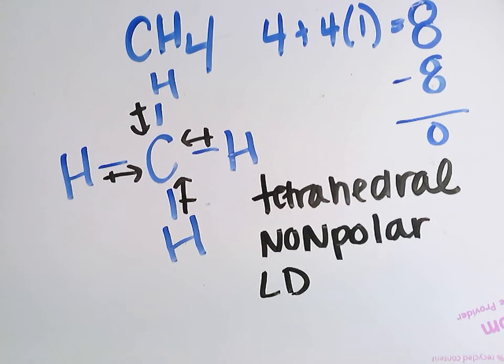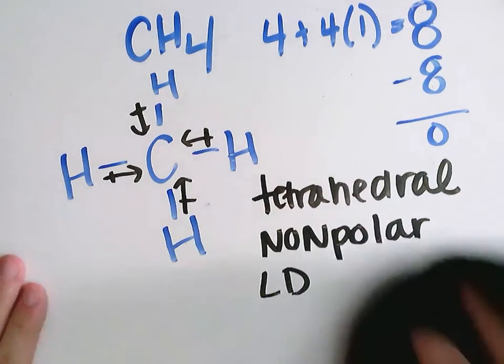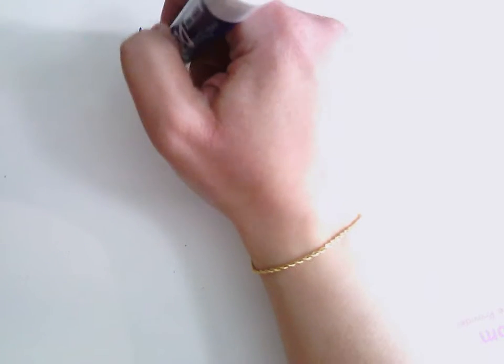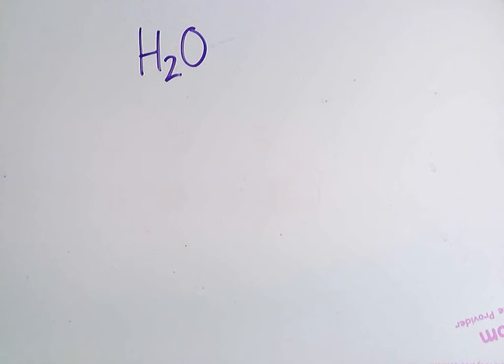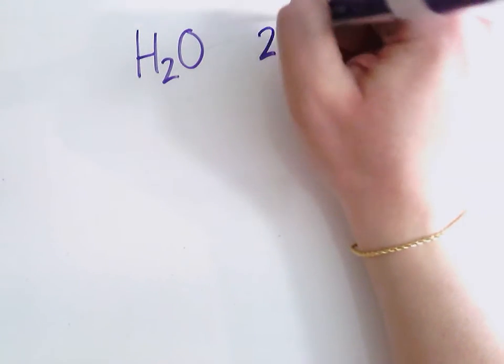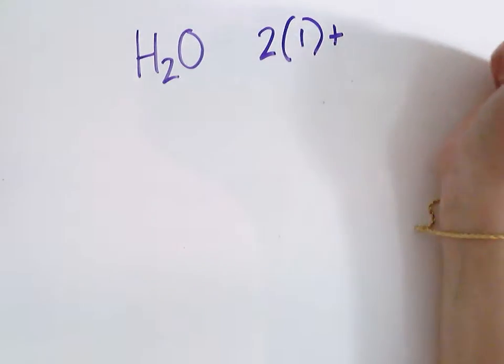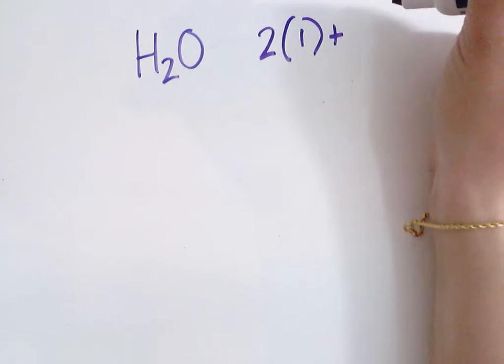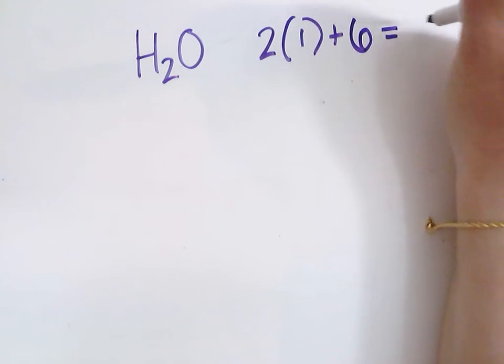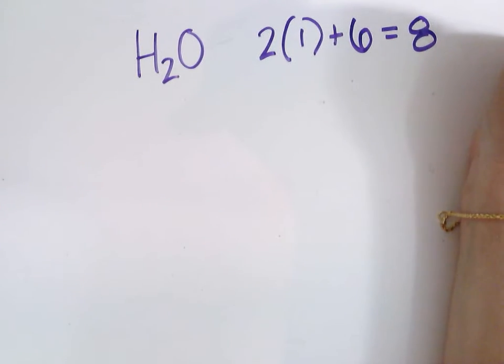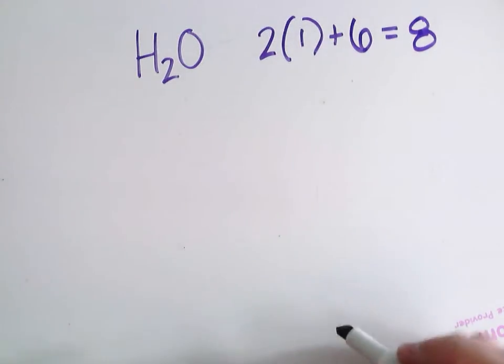Okay. Let's look at our next example. Let's do water. So, hydrogen, we have 2 of them, each bringing 1 valence electron to the table. And then we have 1 oxygen, and it brings 6 valence electrons to the table. So I have 8 total.